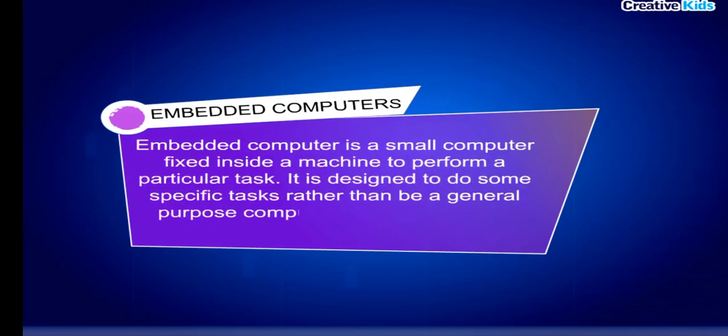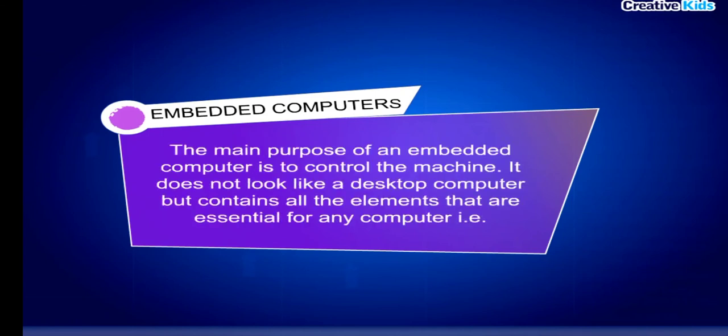Embedded computer. An embedded computer is a small computer fixed inside a machine to perform a particular task. It is designed to do specific tasks rather than be a general-purpose computer for multiple tasks. The main purpose of an embedded computer is to control the machine.